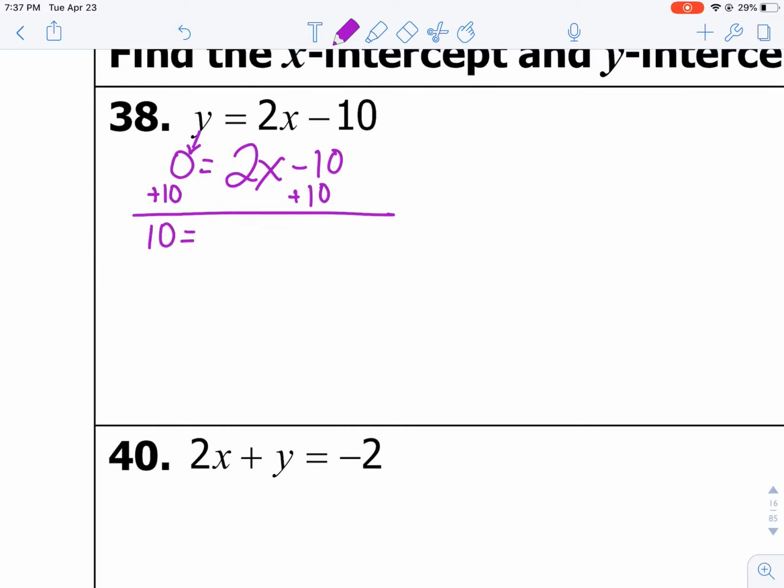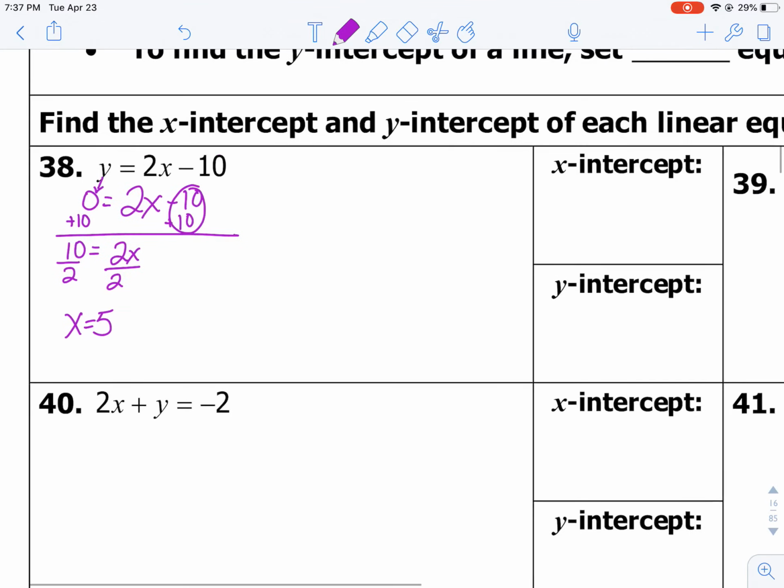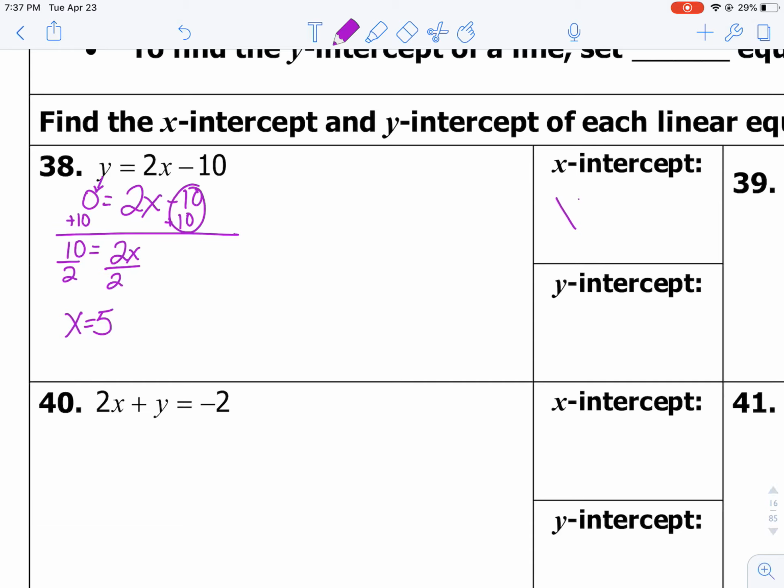So I can add 10 to both sides. So 10 is equal to 2x. Dividing by 2, x is equal to 5. That graph crosses the x-axis when x is equal to 5.